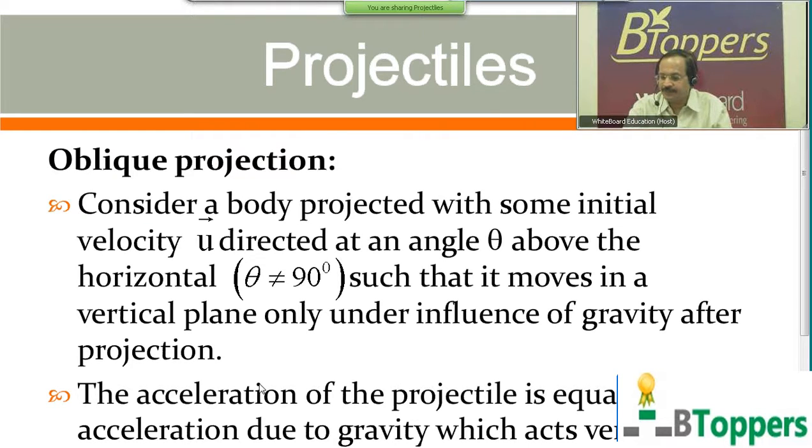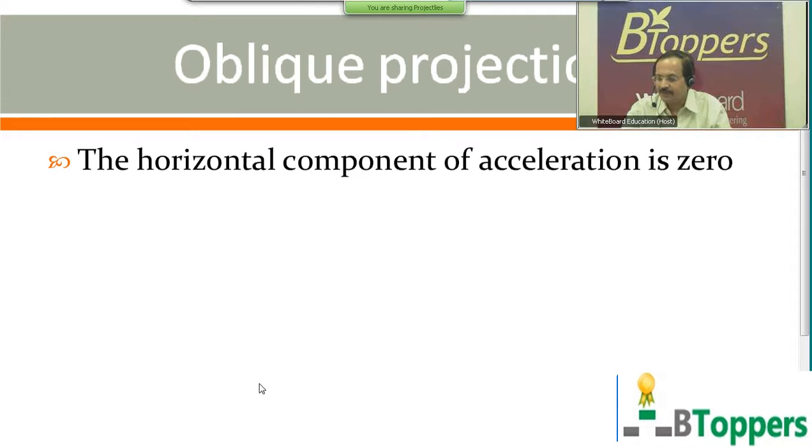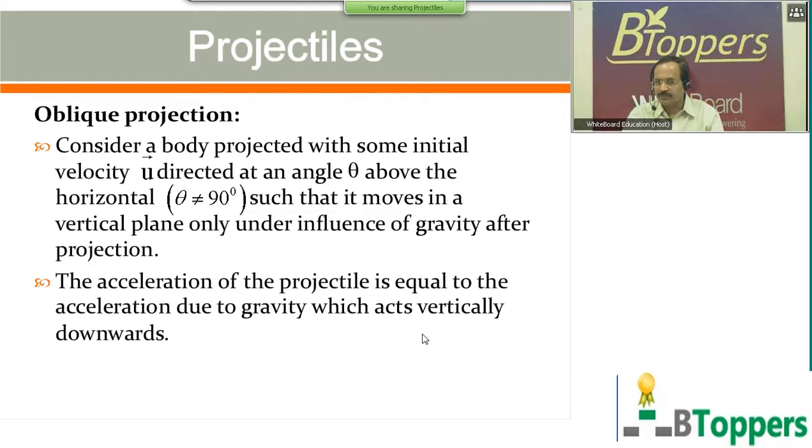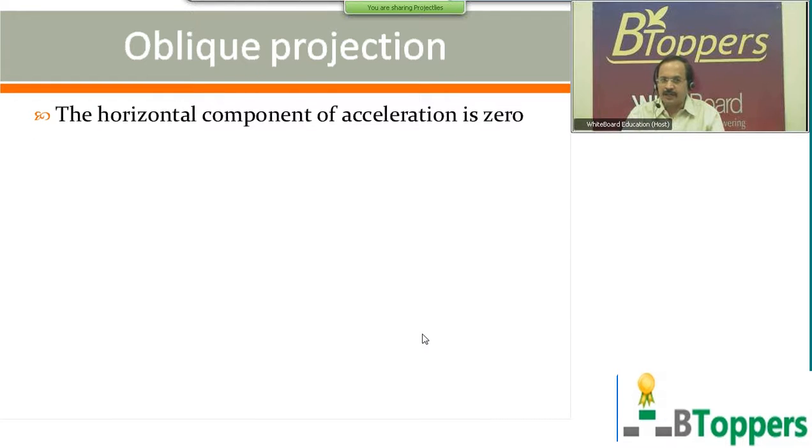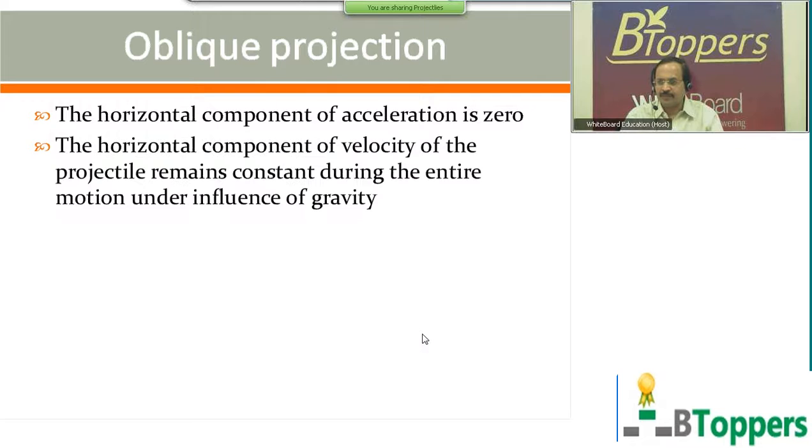The acceleration of the projectile is equal to the acceleration due to gravity, which acts vertically downwards. The horizontal component of acceleration is 0.